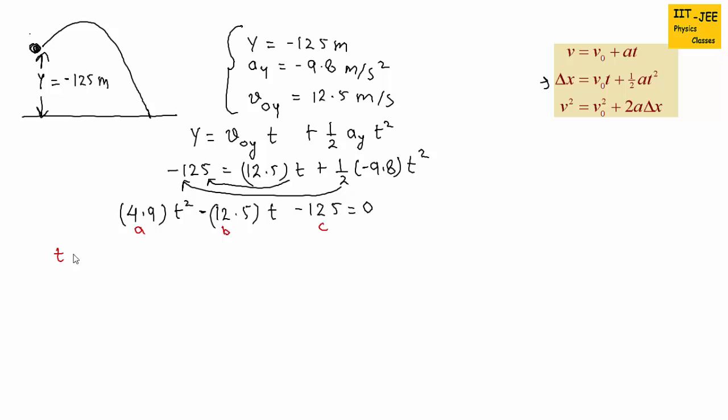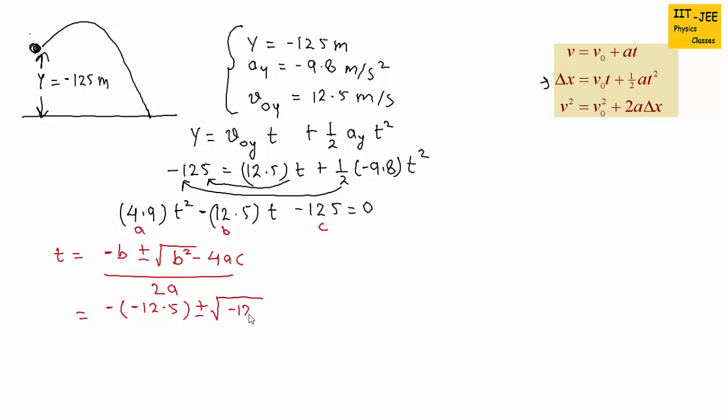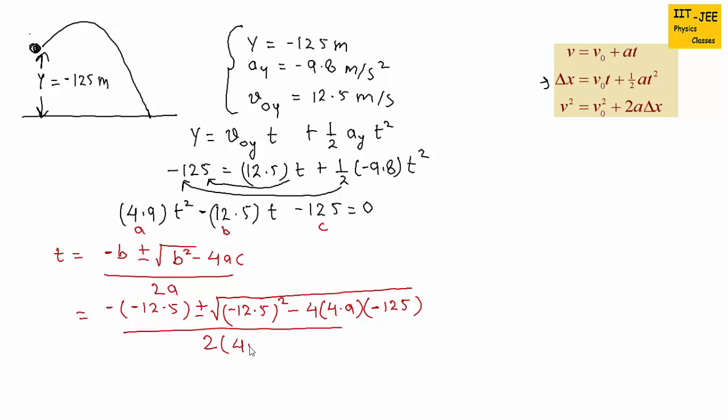We will use the quadratic formula to solve for the time t. Here is the quadratic formula. Now plug in all the values. Minus b equals minus 12.5 and b squared equals minus 12.5 to the whole square, minus 4 times a times c, where c equals minus 125, divided by twice a. You can also use a quadratic formula calculator to solve this. That will give you a fast result, but if you don't have a calculator you need to use the formula.